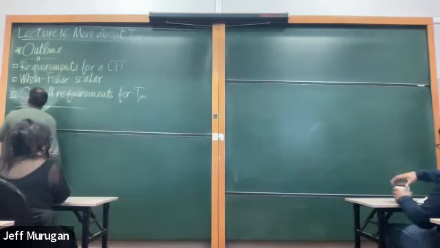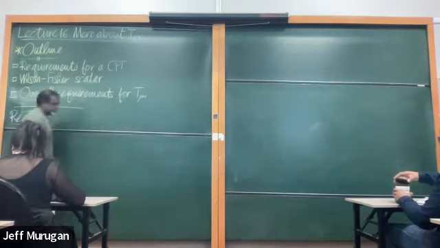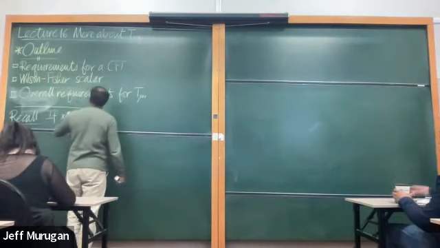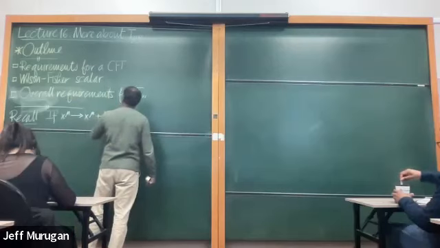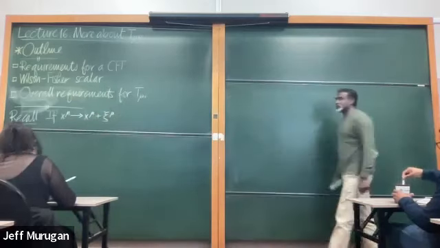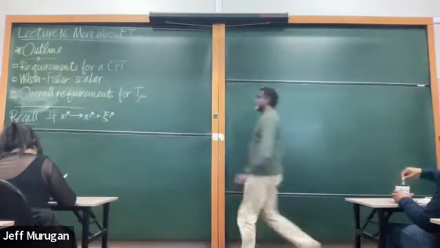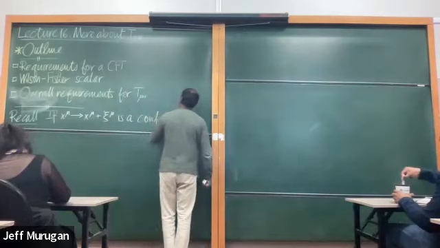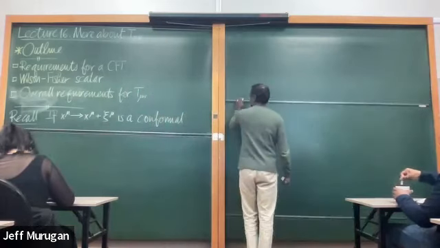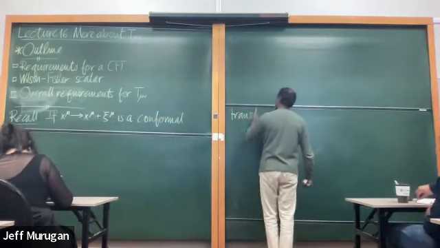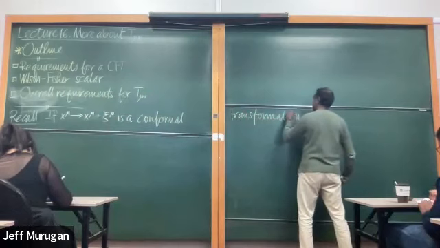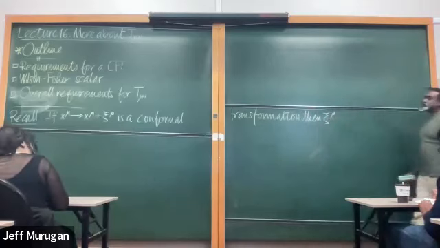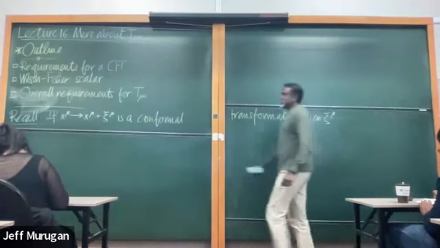So by way of reminder, in the last lecture, I said that if x^μ transforms to x^μ plus some ψ^μ that generates a conformal transformation, then this vector parameter that parameterizes this transformation must be a Killing vector.